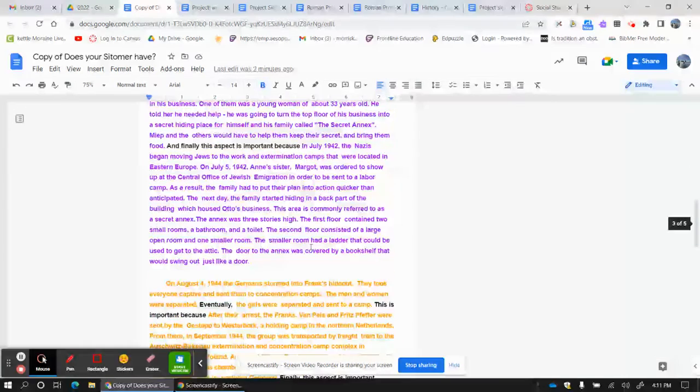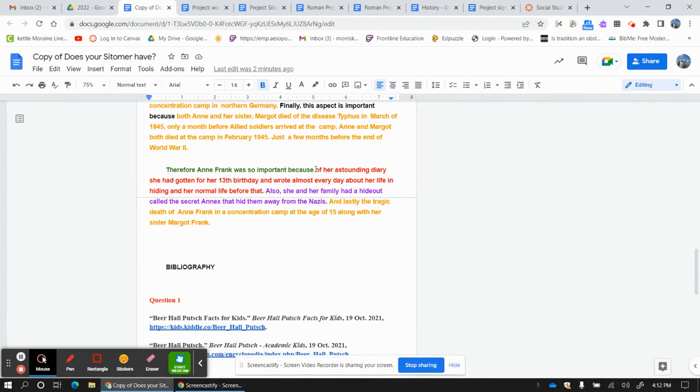All of that is summarized right here. Because of her astounding diary that she got for her 13th birthday and wrote almost every day about her life in hiding and her normal life before that. Notice how I summarize that entire paragraph into that sentence. Nothing new is added. I didn't say anything in that final sentence that I hadn't already given a lot of detail on above.